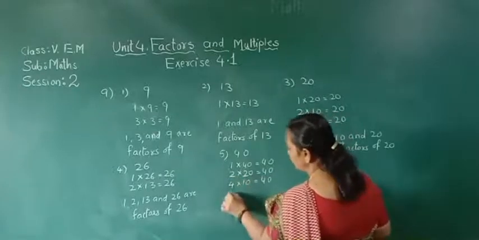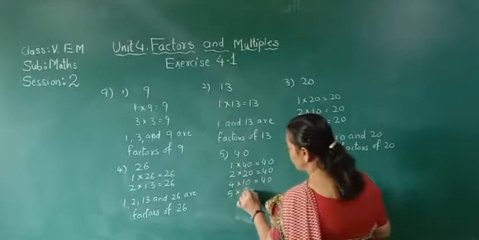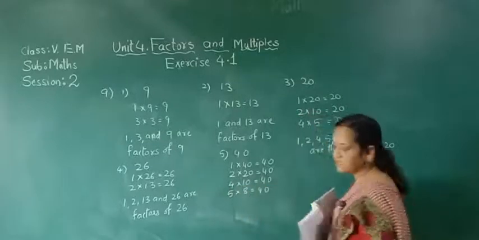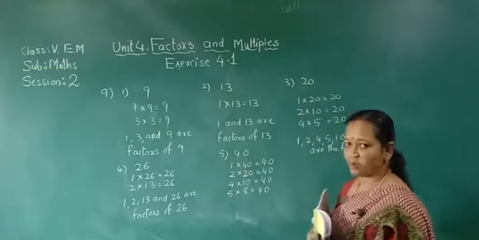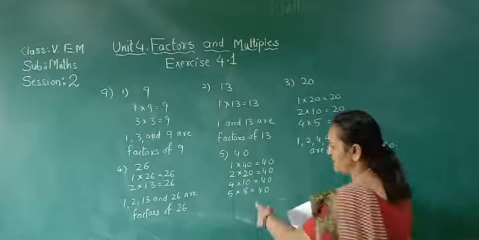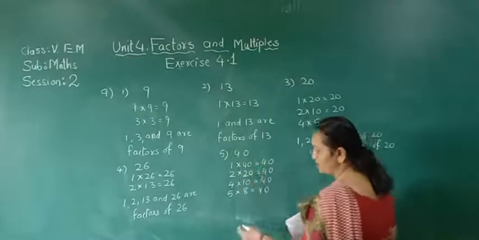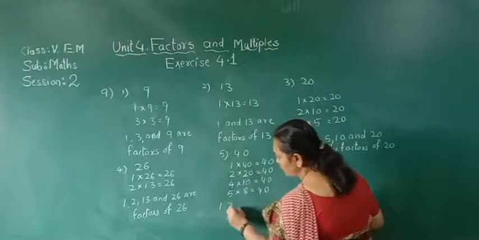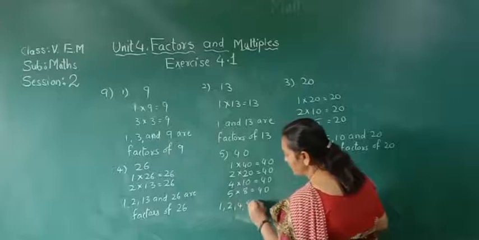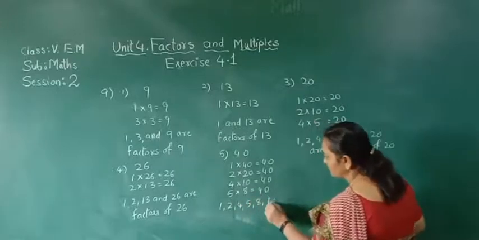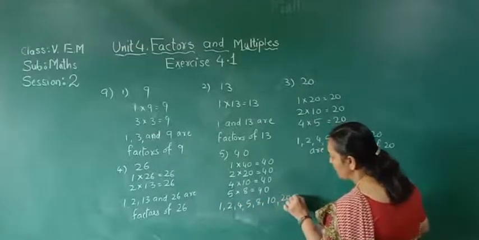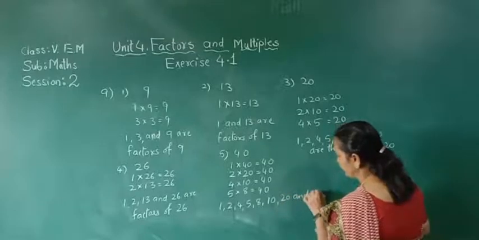Yes, in the 5 table, 5 8s are 40. Then in the 6 table no, 7 table no. Then again 8 5s, 10 4s, 20 2s and 40 1s. So here 1, 2, 4, 5, 8, 10, 20 and 40 are the factors of 40.